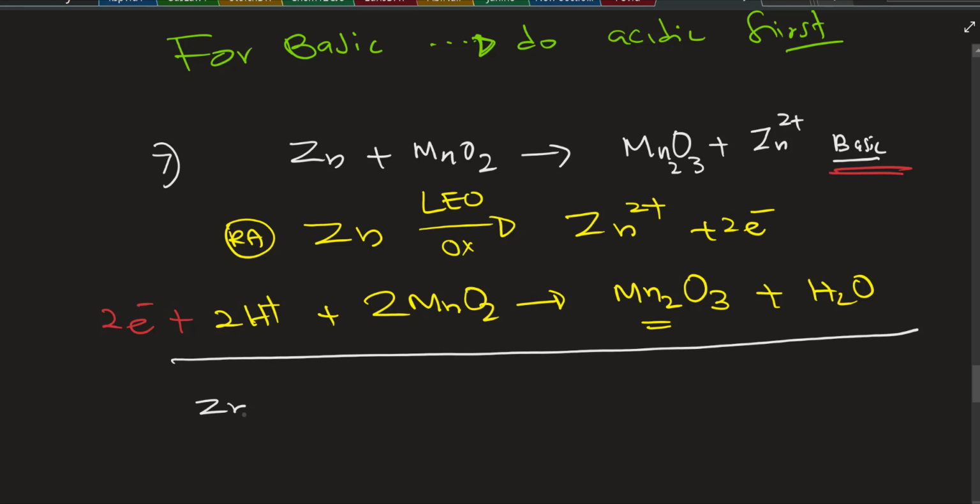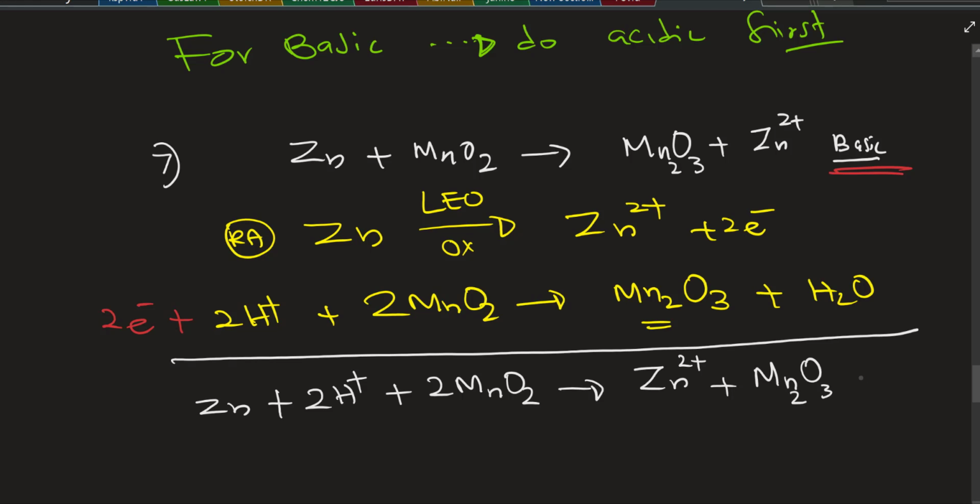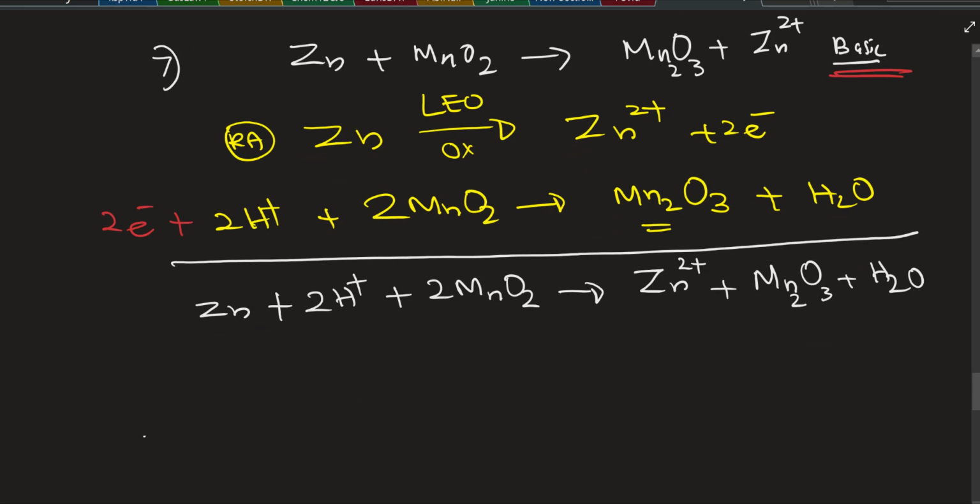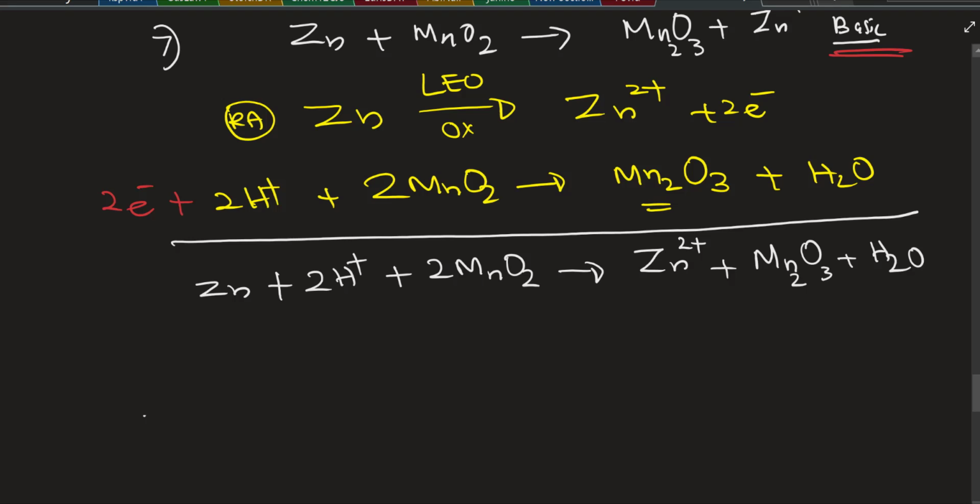Now we can actually add and see what happens. So 2 electrons taken and given, that's okay. Add the left to the left. Zinc, 2 H plus, 2 MnO2 goes into zinc 2 plus, Mn2O3, and here water. Yes. Now we have to look at anything to cancel, nothing to cancel.